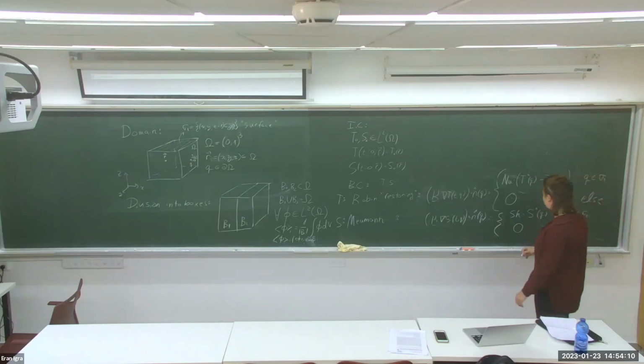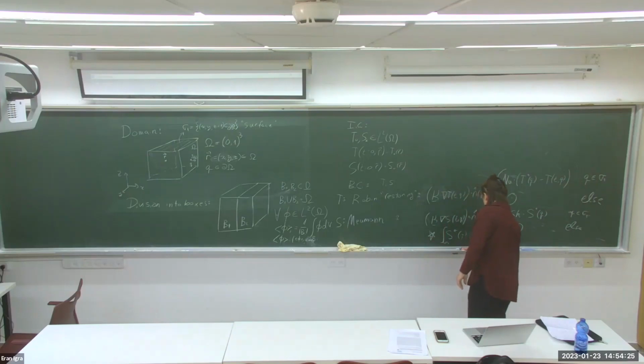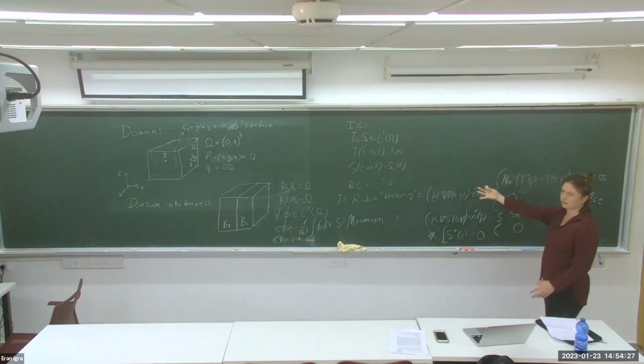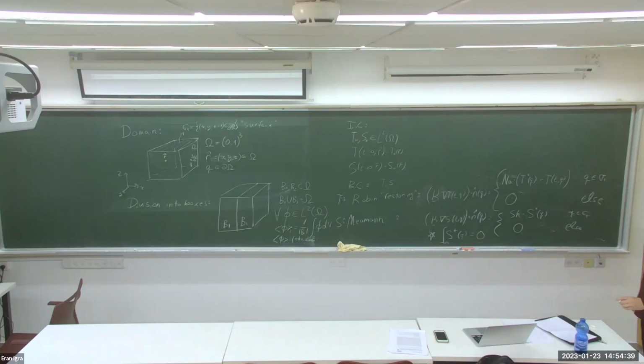So we also require that the integral of S star, which is some function of u over sigma 1, is 0. So there is adding salinity here, there is removing salinity here. Okay, so this is our setting.